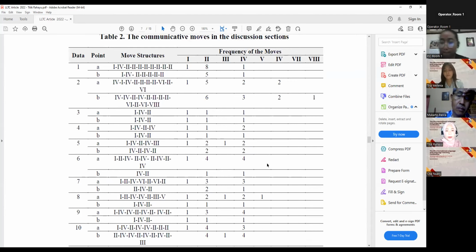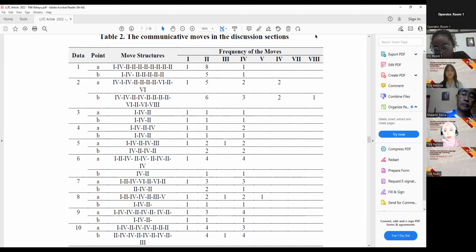So first, of course, we identified the moves in every discussion section written by the students, and then we counted the frequency of the moves. At the same time, we counted the patterns of the move structures, not only the frequency of each move individually, but also the flow of the ideas of the communicative moves.